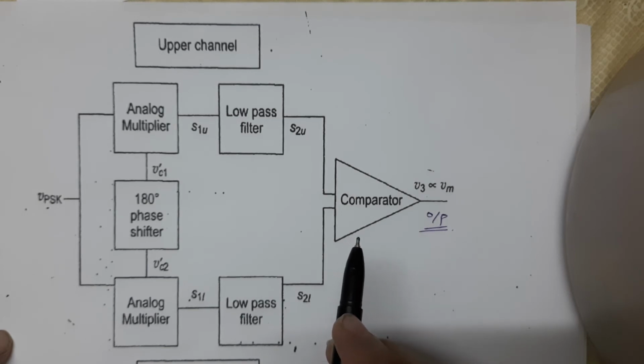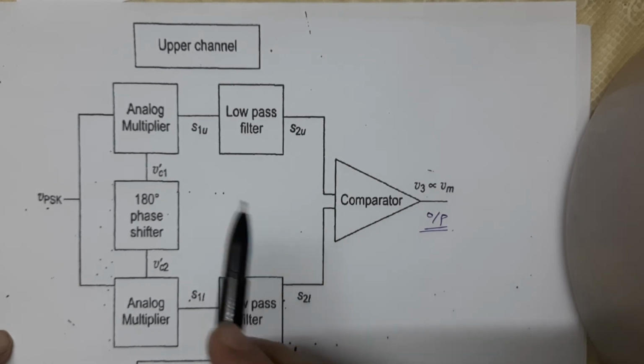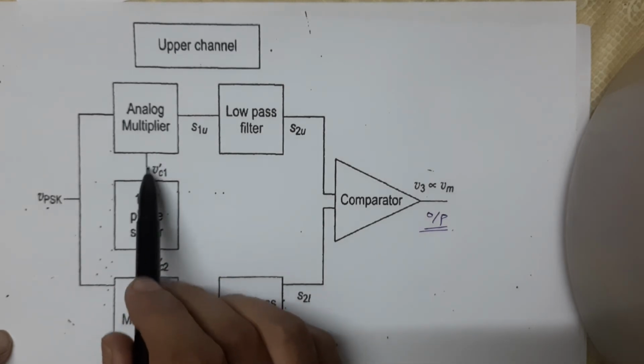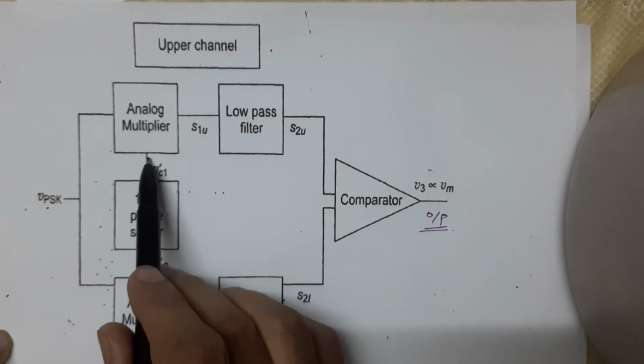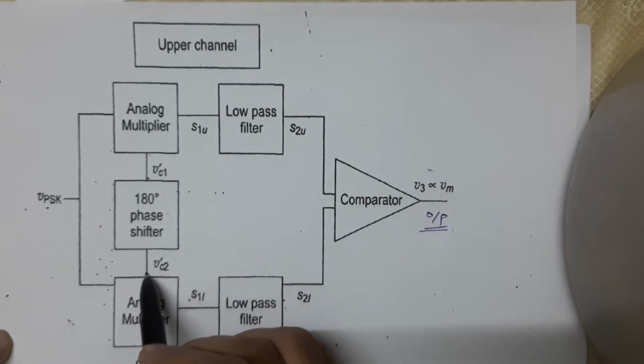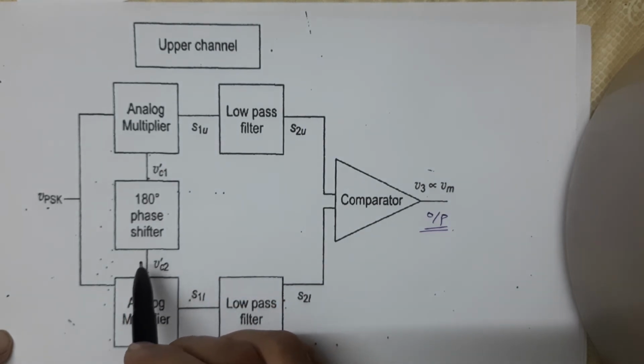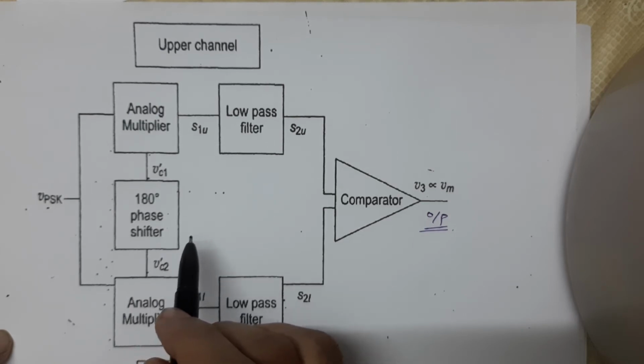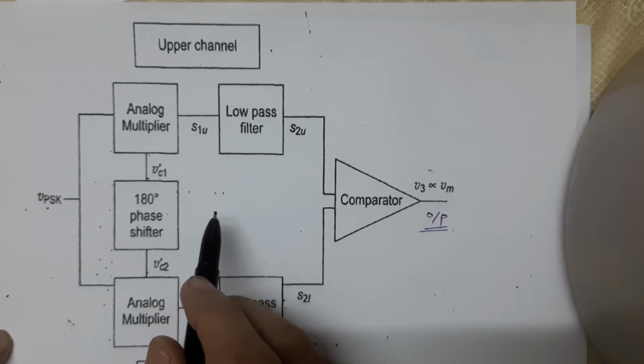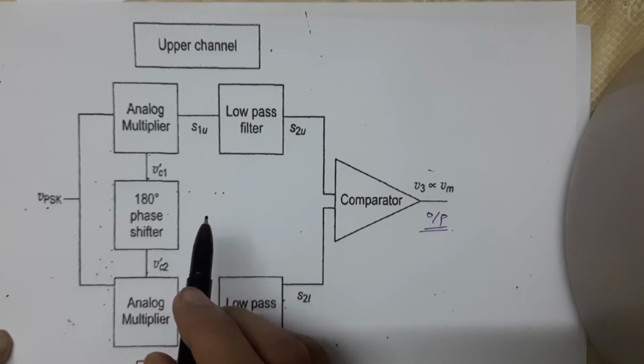The incoming PSK signal is multiplied with the carrier signal with phase shift of 0 degree in the upper channel, and with the carrier signal with phase shift of 180 degree in the lower channel.